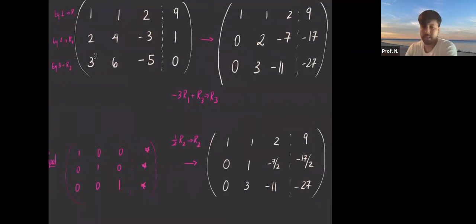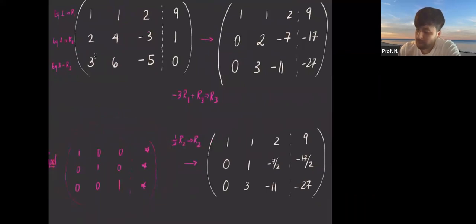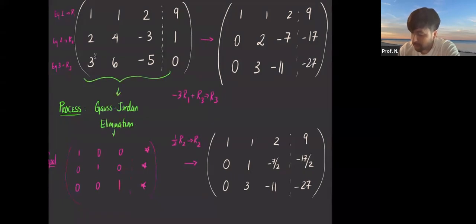This whole process of applying the row operations to a matrix so that we have this kind of thing at the end is called Gauss-Jordan elimination. So the process to go from here to this, that's called Gauss-Jordan elimination.